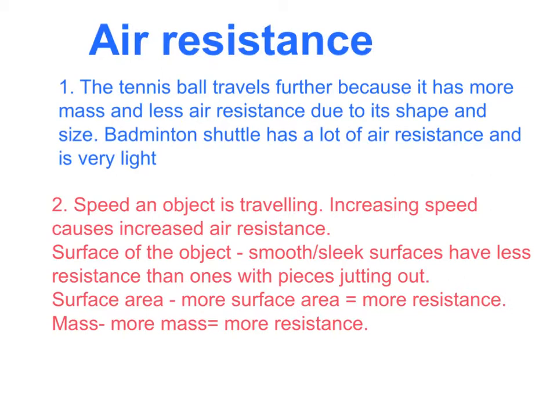They try to have less air resistance. Also, more surface area increases the resistance. And something with more mass, the mass is the weight of the object, has got more resistance than something with less mass.